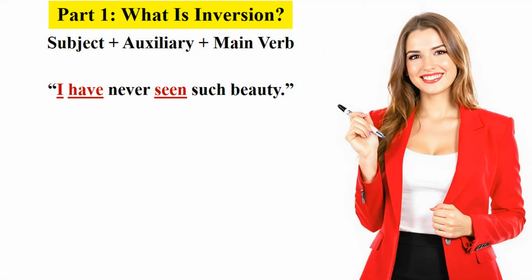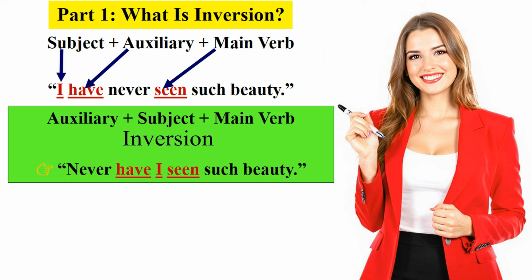Part 1. What is inversion? Let's start with the basics. Normally in English we say subject plus auxiliary plus main verb. Example, I have never seen such beauty. But when we use inversion, the order changes. It becomes auxiliary plus subject plus main verb.